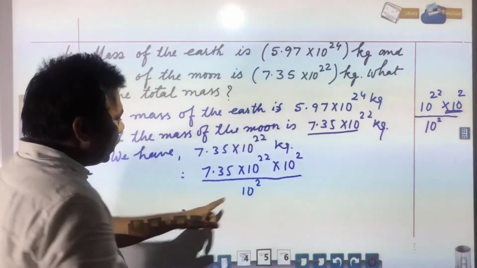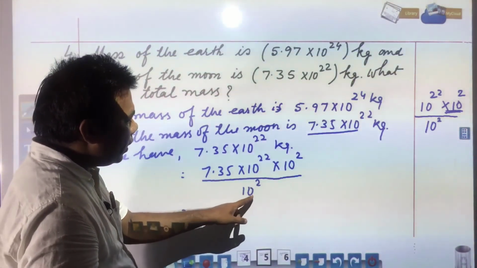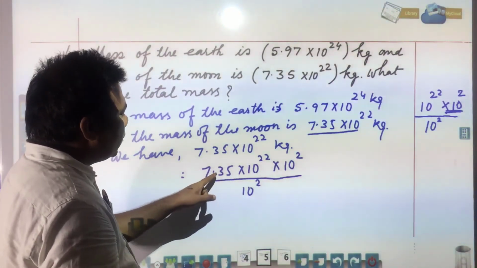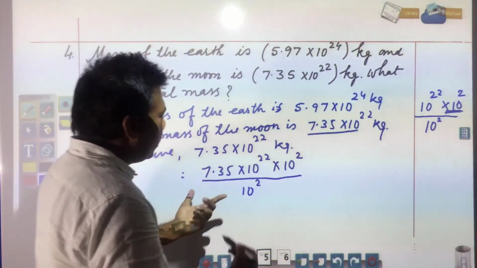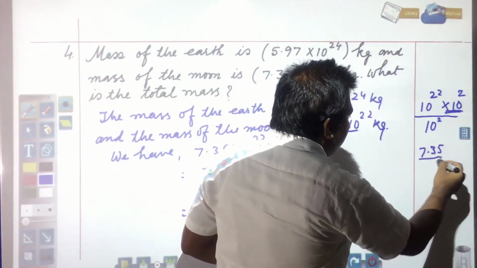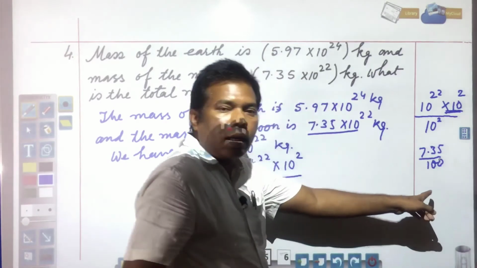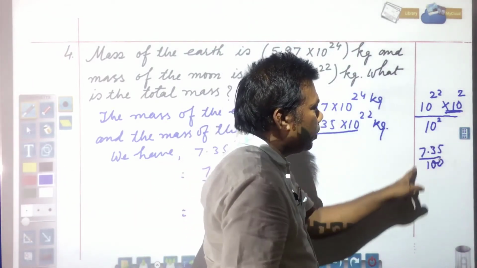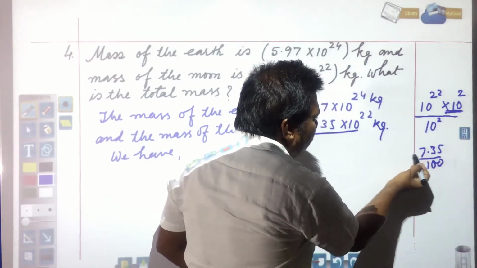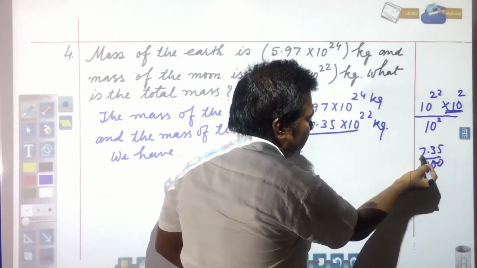Now, this 10 to the power 2 means 100. If suppose a simple number you have 7.35 divided by 100 and then you convert into decimal, what you will do? This decimal will come leftward 2 digits, left side.